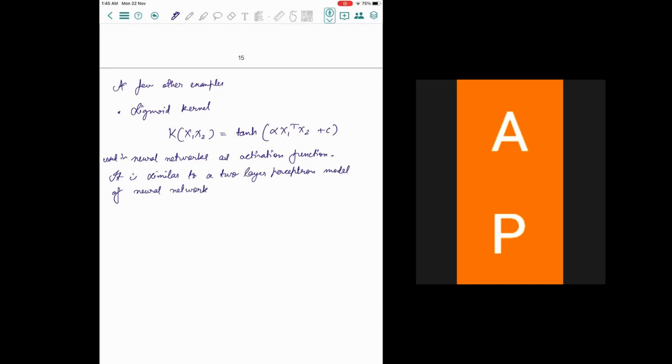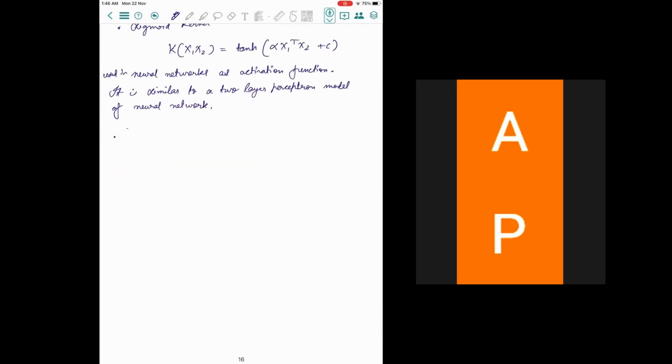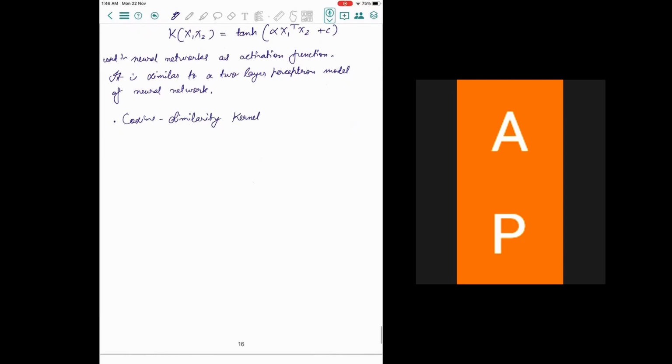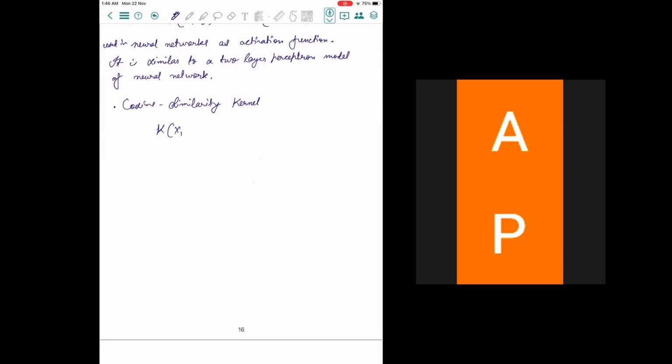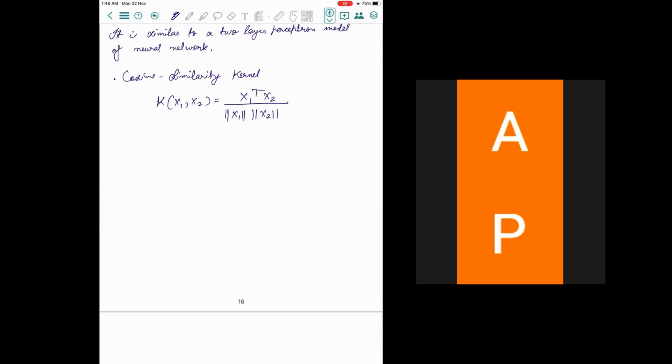Next we have a cosine similarity kernel. This function is given by k(x1, x2) equals x1 transpose x2 by the norm of x1 and norm of x2. This is a popular choice when it comes to finding similarity in text documents, which is like a plagiarism check.